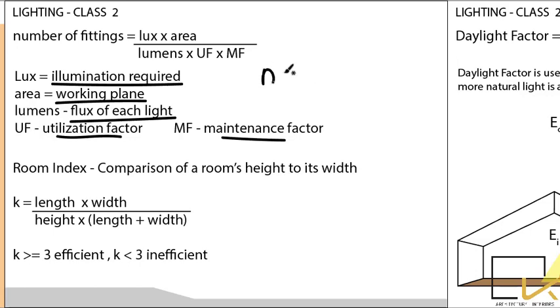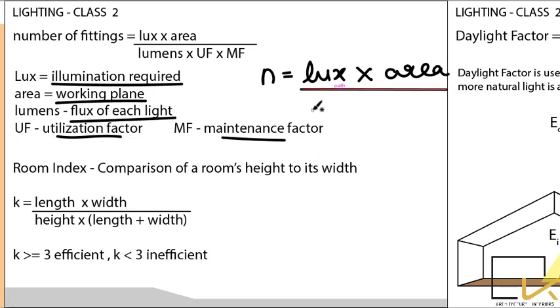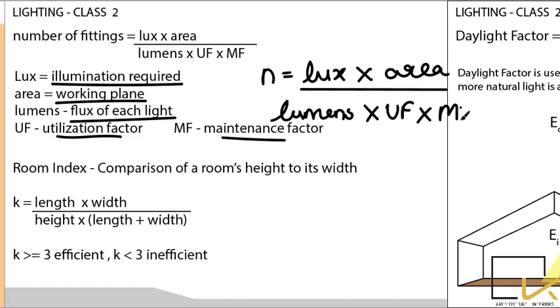I generally write it with the units, lux into area of the surface divided by lumens into UF into MF. You can also write flux, but so you don't get confused, write along with the units.